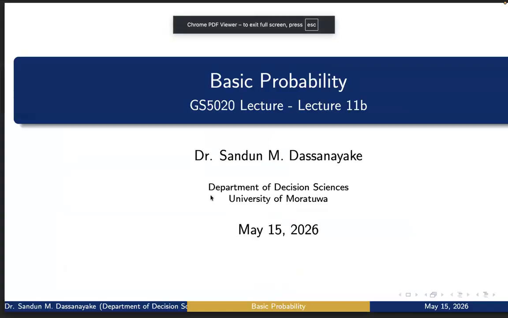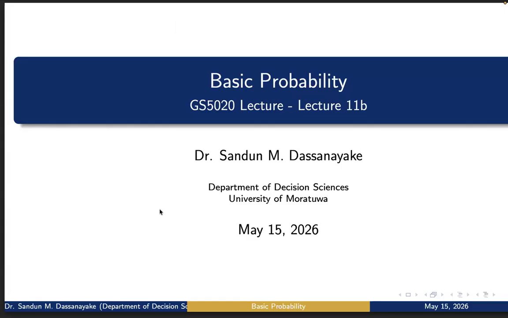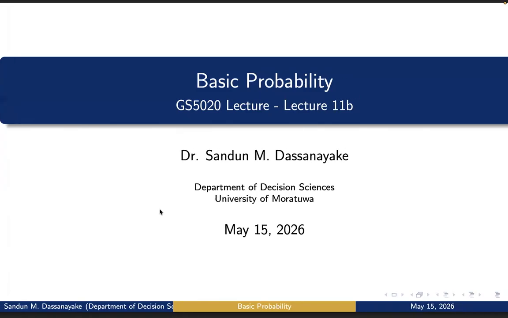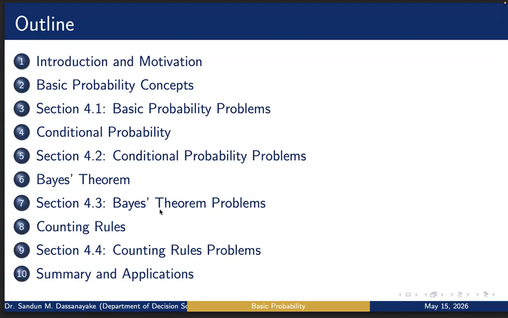Okay. So here I'll be talking about basic probability as lecture 11B. We talked about descriptive, the numerical summaries and the visualization of data, how to look at the data. And now we are going to basic probability. What is probability? So we'll start with what is probability. I'll talk about introduction and motivation. There are questions and answers, written, solved equations, so solved questions.